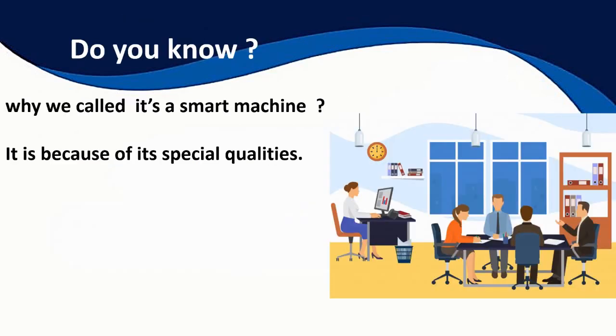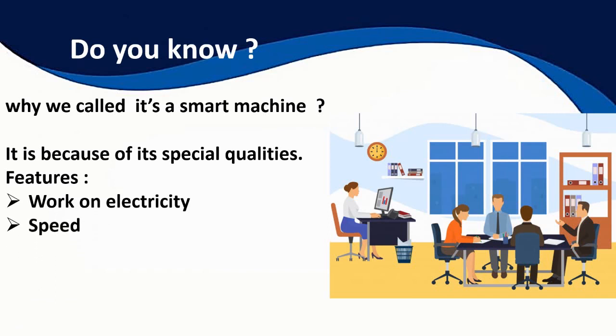Do you know why we call it a smart machine? It is because of its special qualities. Qualities means features. First one, works on electricity. It means computer needs electricity to work. Speed: computer works very fast and it saves our time. Accuracy: computer can do mathematical calculation which is always correct and it never makes mistakes.